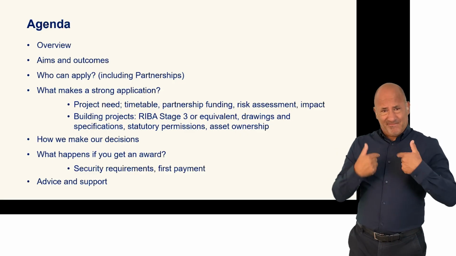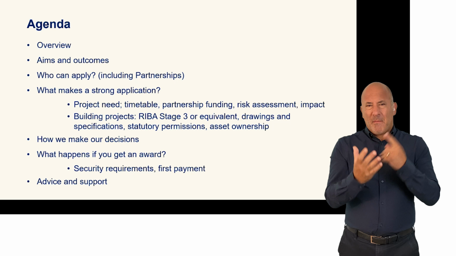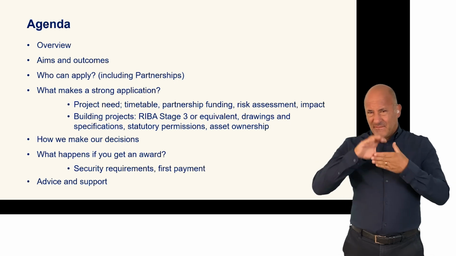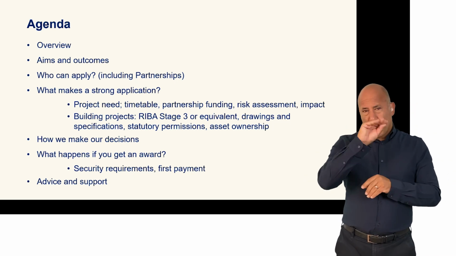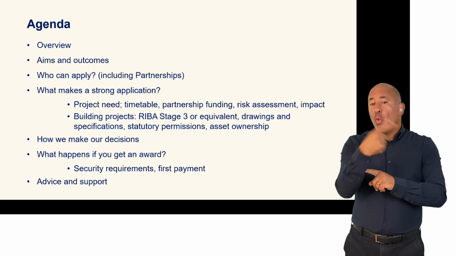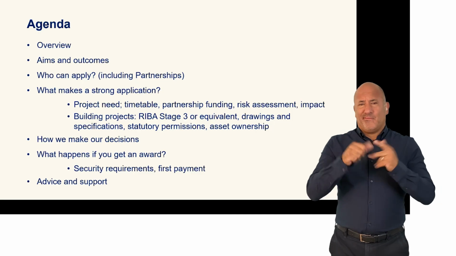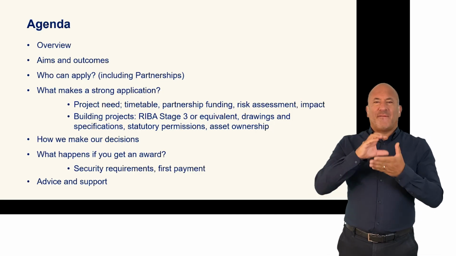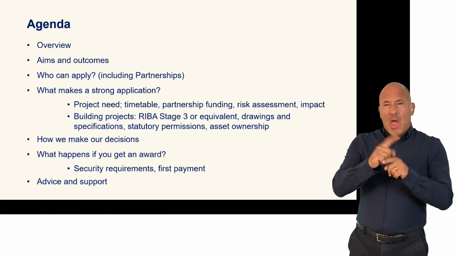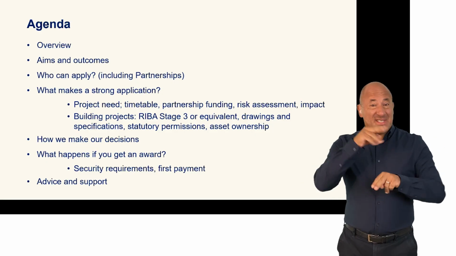This is what we'll be covering today. So we'll start with a brief reminder of the key outcomes and elements of the Creative Foundations Fund. We'll remind you of the aims and outcomes specifically. We will be explaining who can apply, including partnerships. We're going to talk about what makes a strong Creative Foundations Fund application, including details such as project need, timetables, partnership funding, and risk assessment.